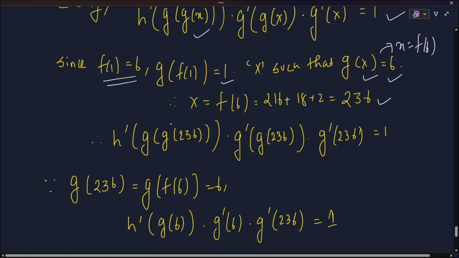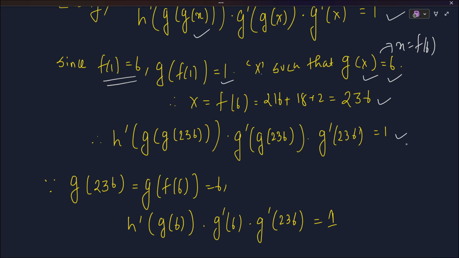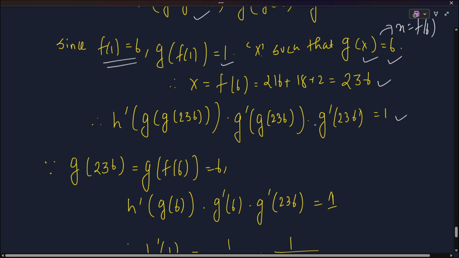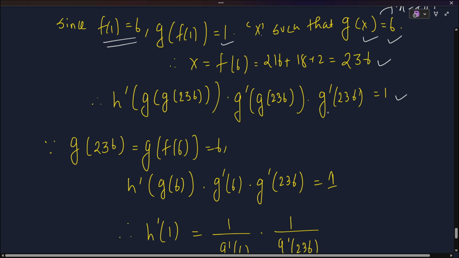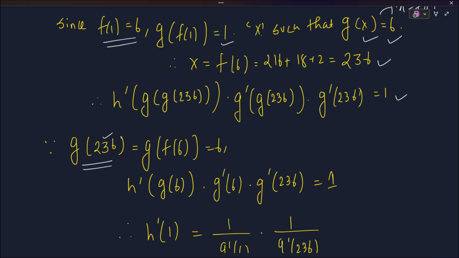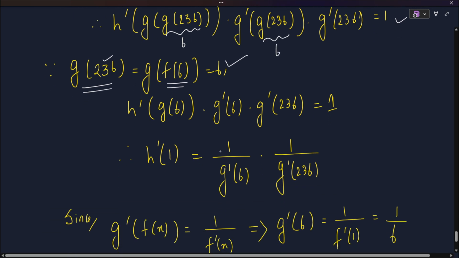You simply put the value 236 in this equation and you get this huge equation, but you do not really need to solve for the values. You just need to understand this equation, right? Now, what is g of 236? Since 236 is f of 6, g of f of 6 is simply 6. So this thing here becomes 6. Similarly, this becomes 6. So you simply have h prime of g of 6 into g prime of 6 into g prime of 236.